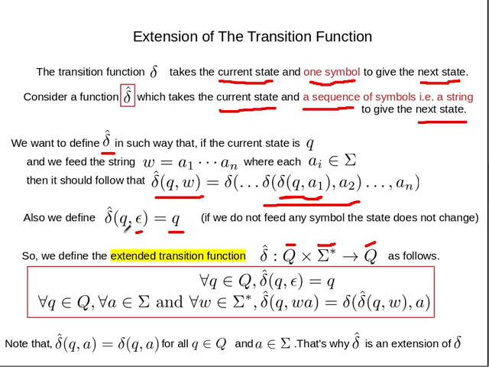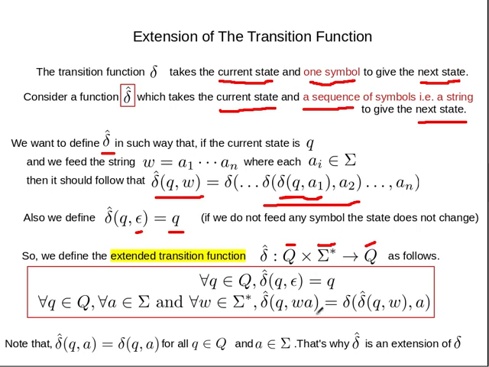So if you are in current state and you are not processing any symbol at all, then you are still in state q, right? So this is how we can properly define this thing.